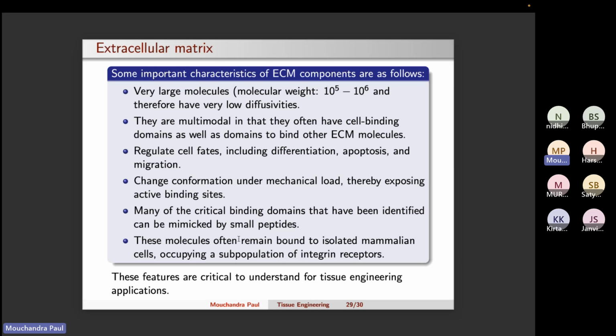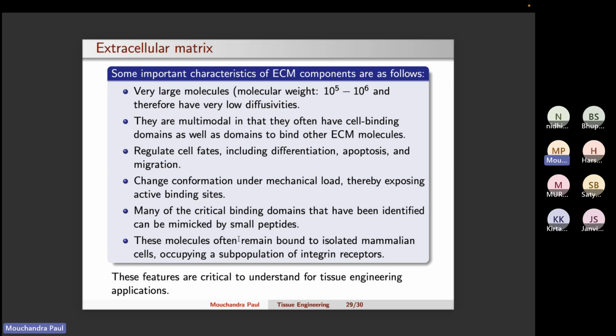Also, these molecules often remain bound to isolated mammalian cells, because of which a small population of integrin receptors of the cells are occupied by these ECM components. So when you are isolating primary cells from a tissue, within each of the cells, a few of the integrin receptors will be occupied with ECM components, like a small part of collagen protein or fibronectin, etc. People have optimized protocols to get rid of or digest those kinds of proteins.